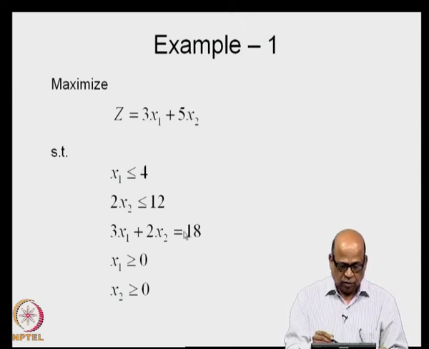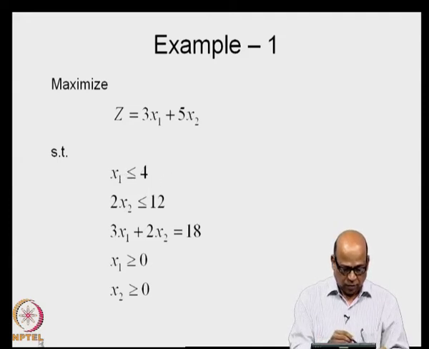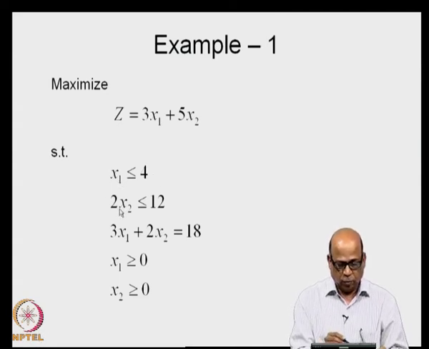Because this is an equal to constraint, let us say that you would have put a slack variable here, x 1 plus x 3 is equal to 4, 2 x 2 plus x 4 is equal to 12, and because this is already an equality constraint, you cannot add any slack or surplus variables. Therefore, you will retain 3 x 1 plus 2 x 2 is equal to 18.